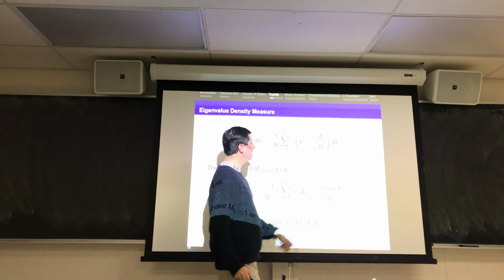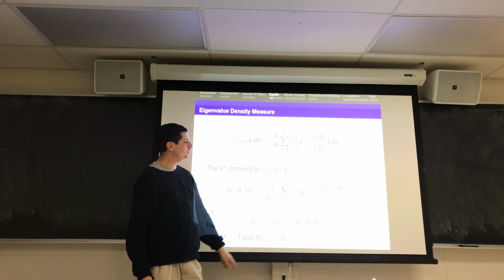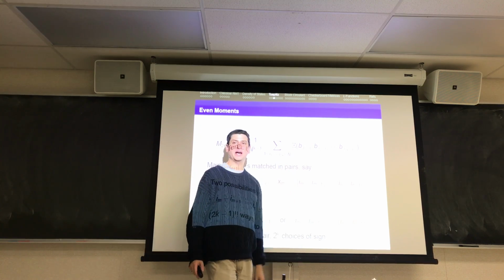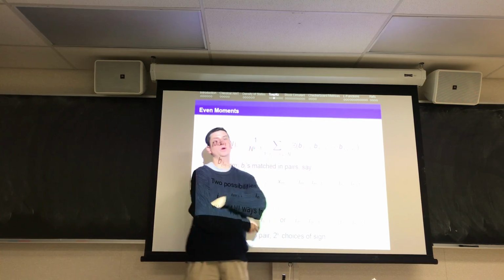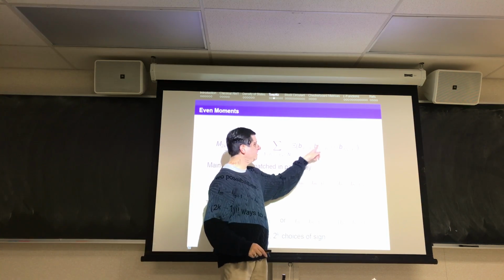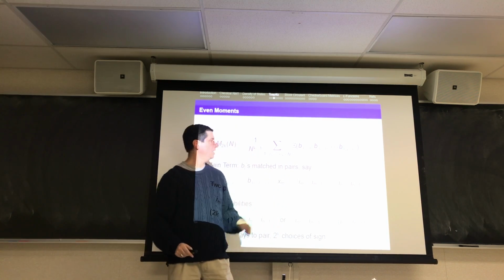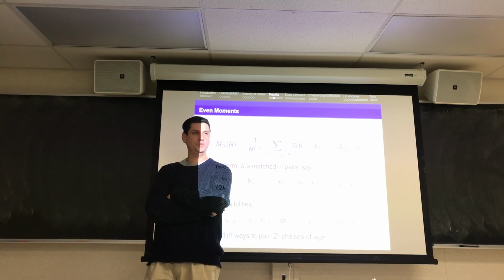And all that really matters, because the matrix is constant along diagonals, is do I have two things that are on the same diagonal? So instead of writing a_ij, I'll just write b_{i1 minus i2}. It turns out if these are not matched in pairs, because of the power of n I'm dividing by the number of tuples, it's a lower order contribution.